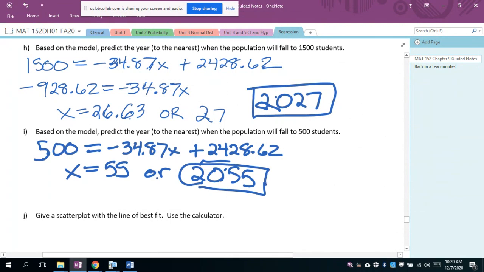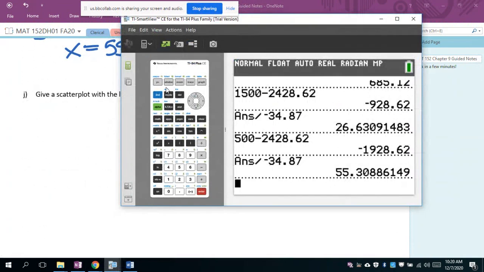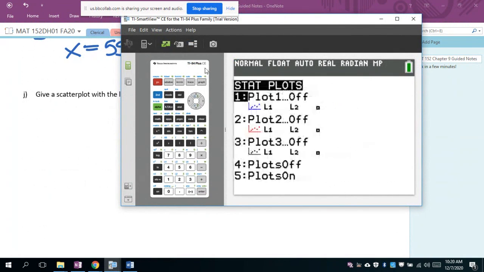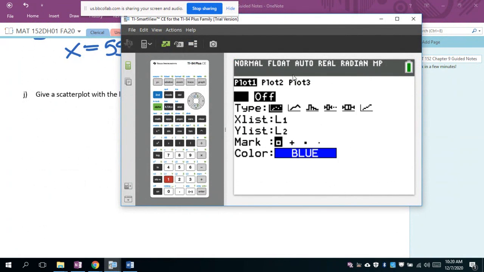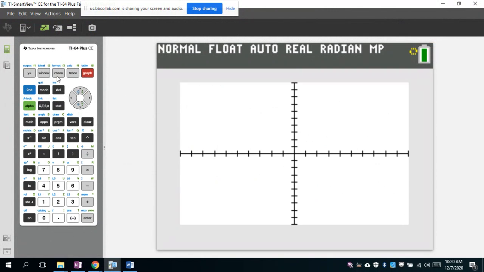So now we'll give the scatter plot with the line of best fit. To do that, we can use the graphing calculator. If we go to second and stat plot, we'll go to plot 1. Now, we'll turn it on. If you hit graph, nothing's going to happen.